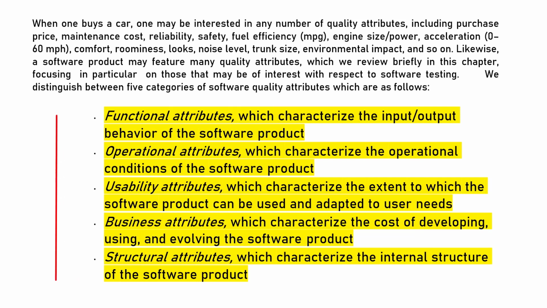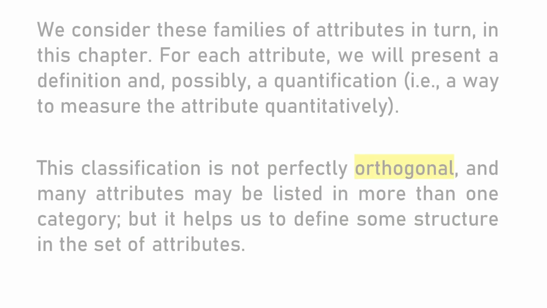Usability attributes, which characterize the extent to which the software product can be used and adapted to user needs. Business attributes, which characterize the cost of developing, using, and evolving the software product. Structural attributes, which characterize the internal structure of the software product. We consider these families of attributes in turn, in this chapter.